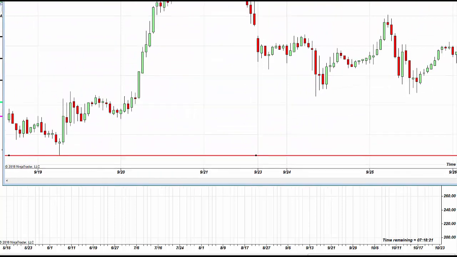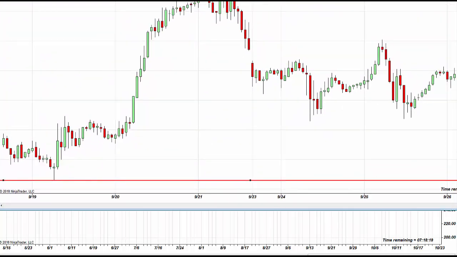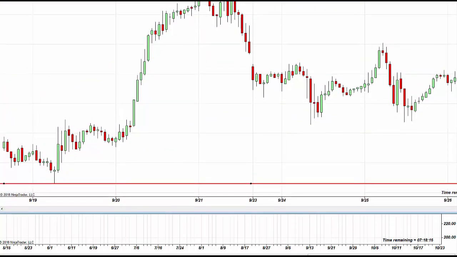What chart is this, traders? Anyone wants to tell me? Please take a guess. Anyone wants to take a guess what chart this is?